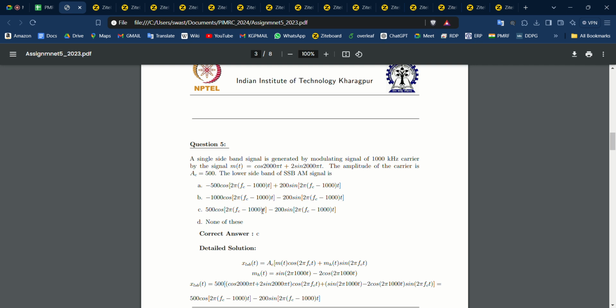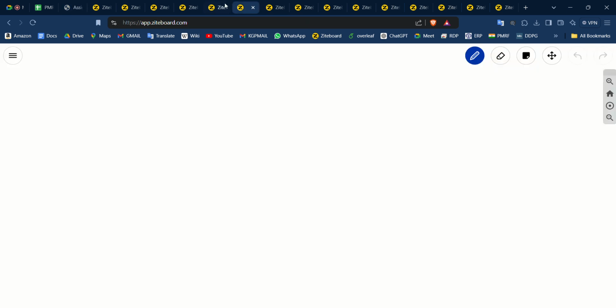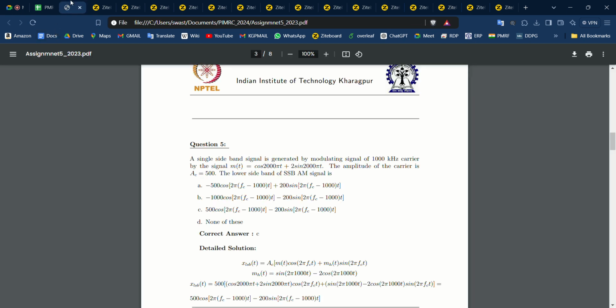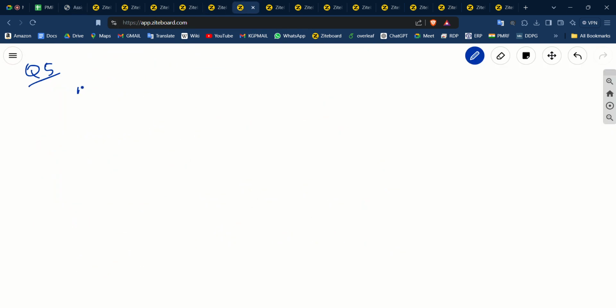Okay, so we have a 1000 kHz carrier with amplitude 500, and we have a message signal m(t) equal to cos 2000 pi t plus 2 sin 2000 pi t.